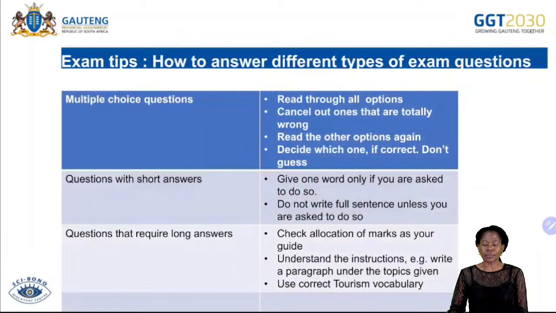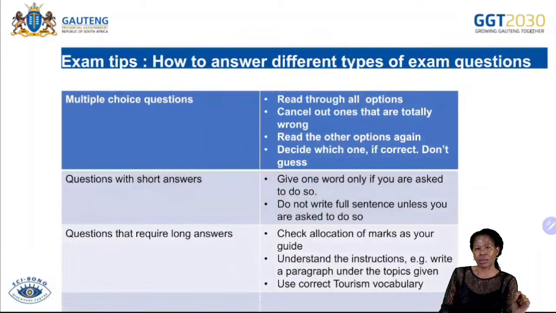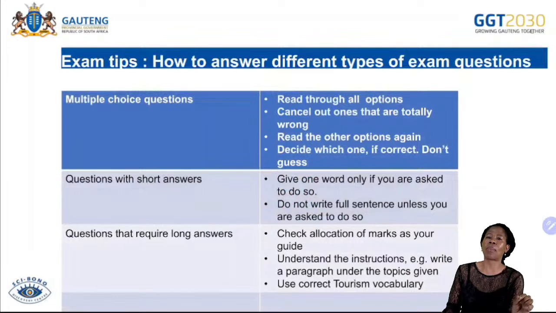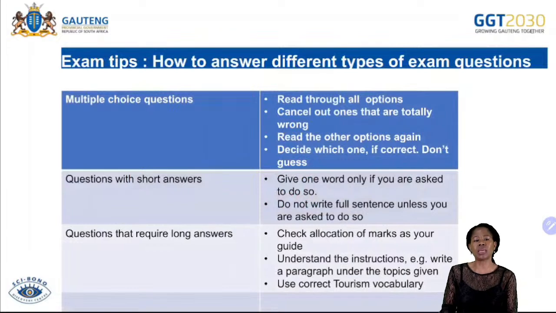The next one, understand the instruction. For example, if you are given a question saying, write a paragraph under the topic given. I'm going to give you an example of question number 8, which talks about responsible and sustainable tourism. They will say, discuss in a paragraph how CSI was practiced.